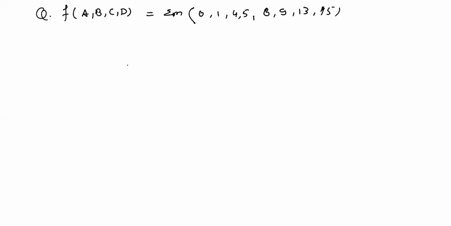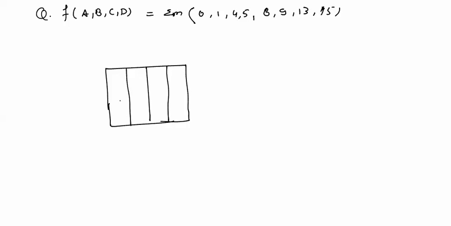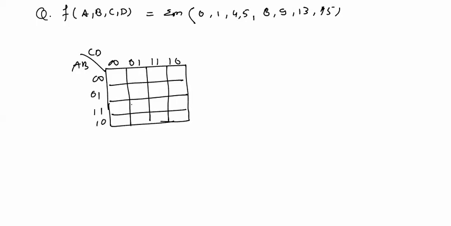Now take one more example. For all the given combinations, the output will be logic 1 and will be plotted in the K-map.